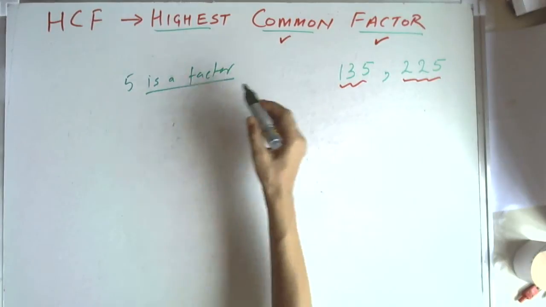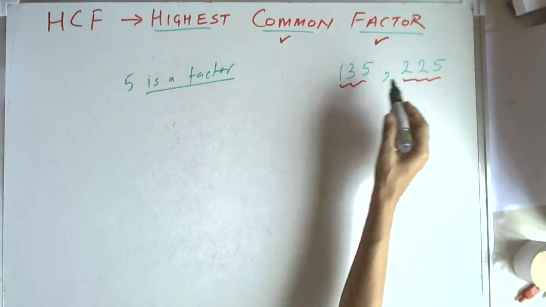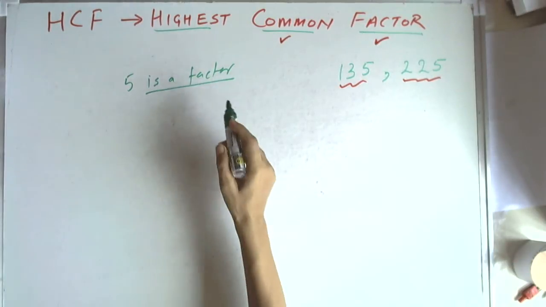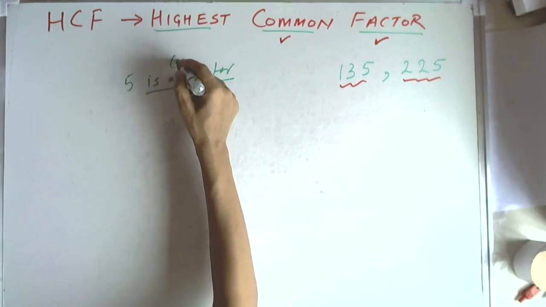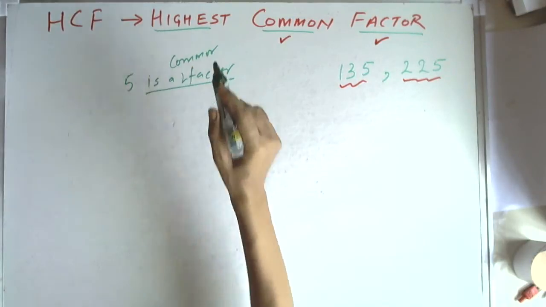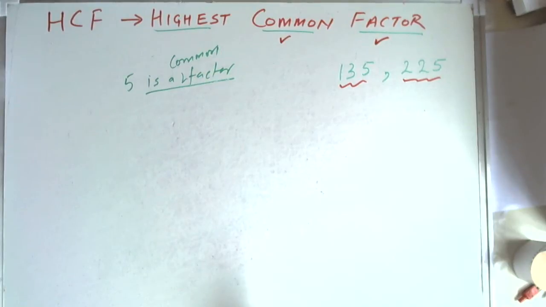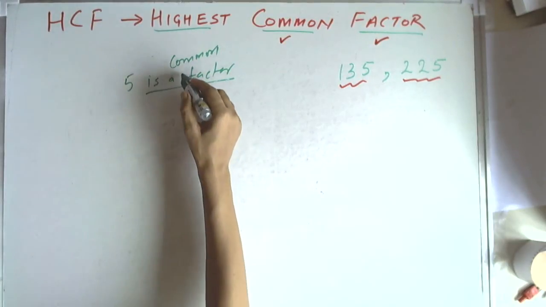So 135 gets divided by 5 and 225 gets divided by 5, and in both the cases the remainder is 0. So 5 is a common factor. But now we have to see whether it is the highest or the largest one.